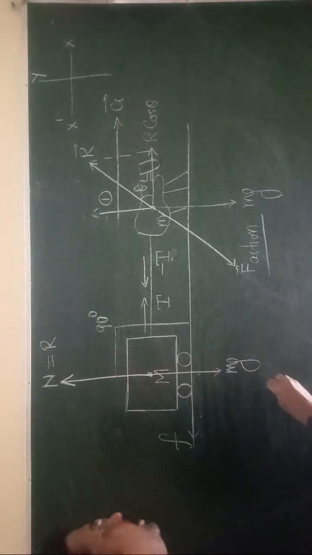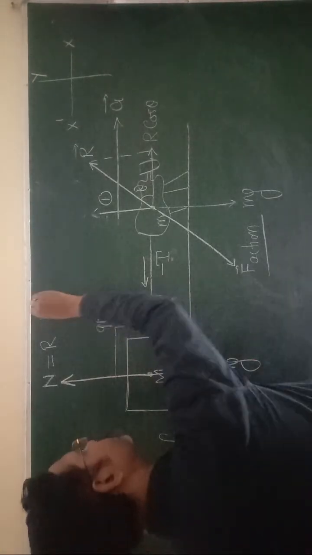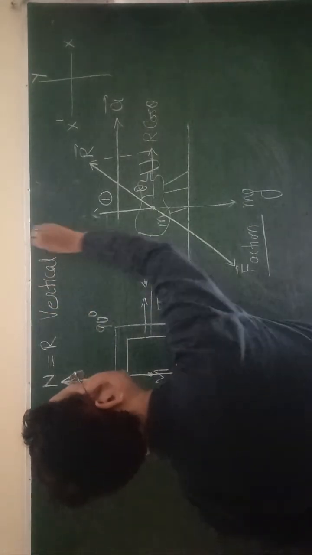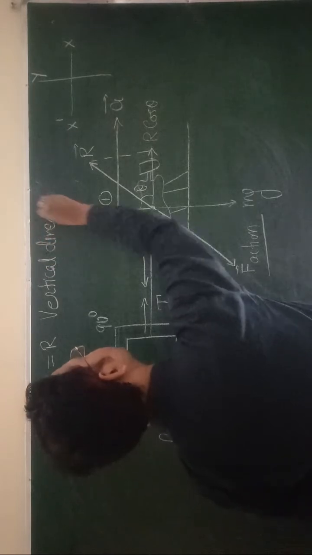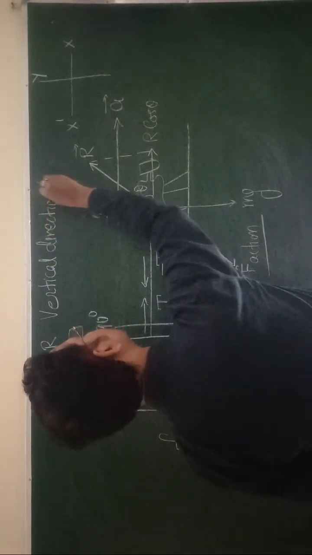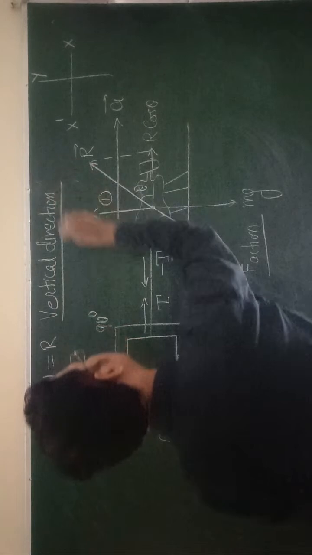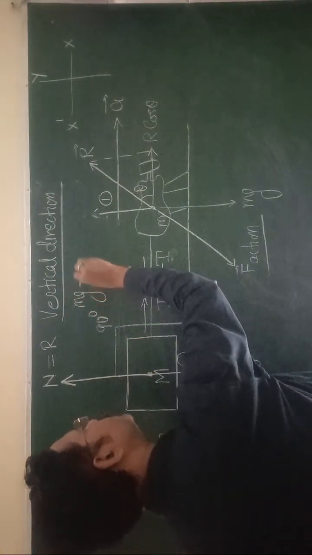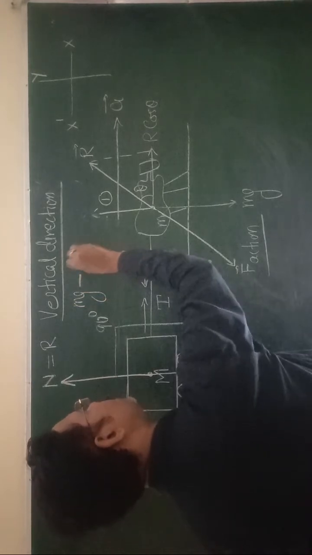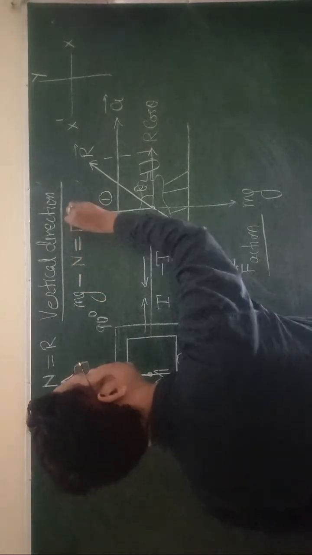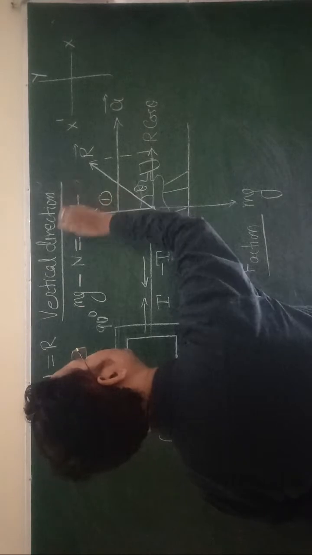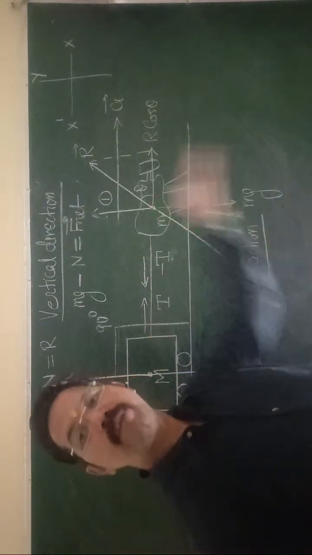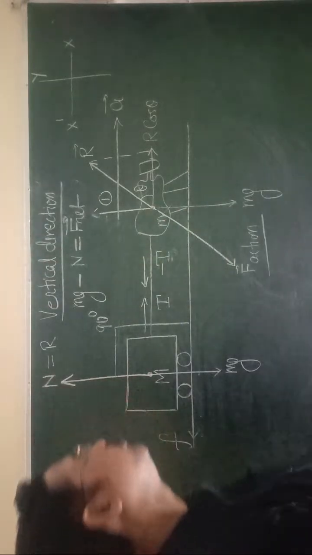So here in the vertical direction, in the y-axis, there is mg minus normal reaction is equal to net force. This cart is moving horizontally, not vertically, not downward.